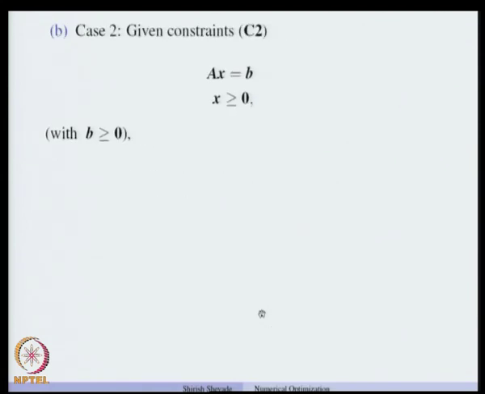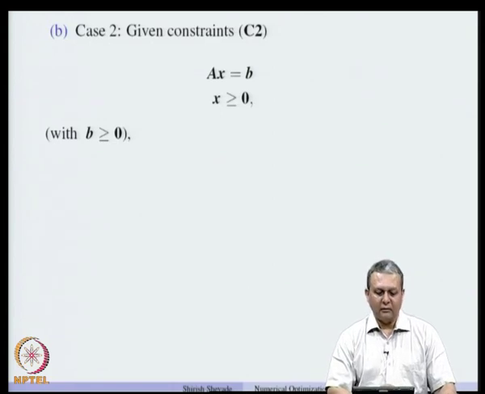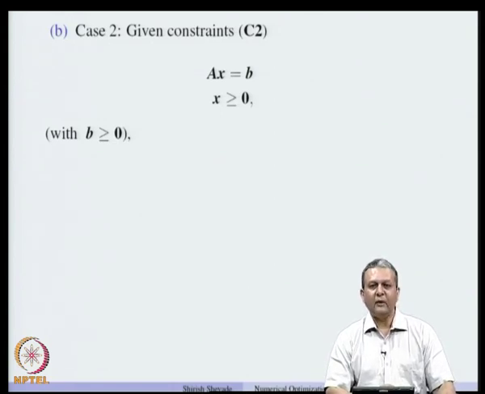Now, if the constraints which are given are x equal to b and x non-negative, then it becomes difficult to get an initial basic feasible solution. In this case, it may be a good idea to introduce artificial variables.